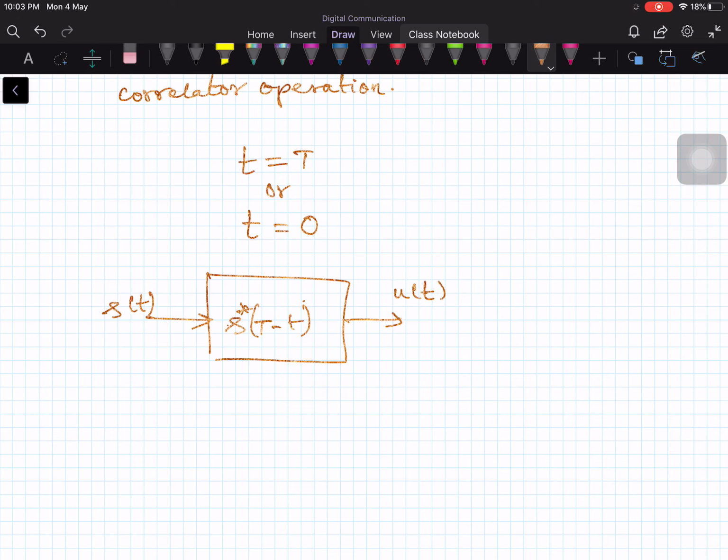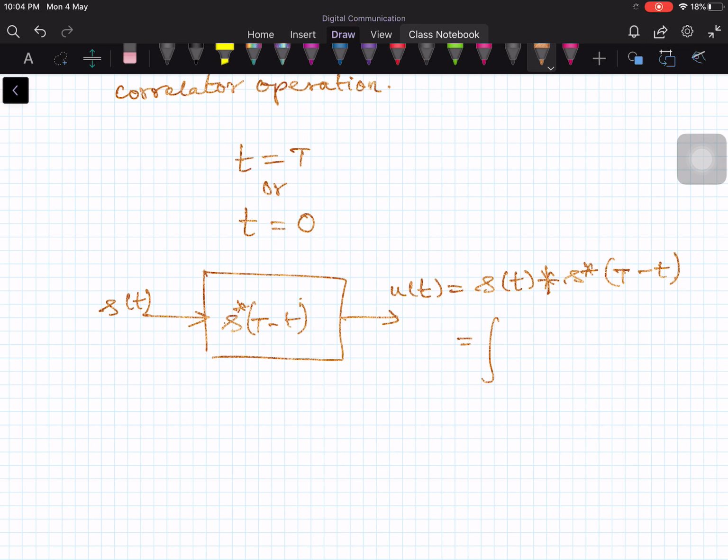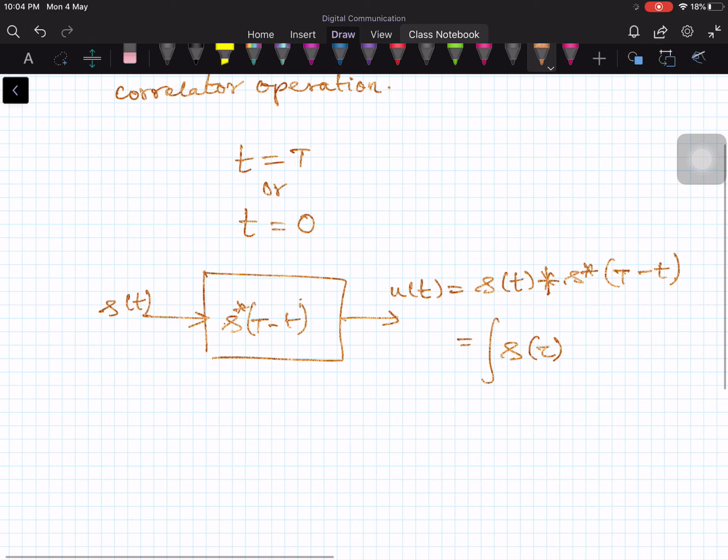What is the output of the matched filter? It is equal to s of t convolved with the complex impulse response of the matched filter, t minus capital T. If you write this convolution as a convolution integral, then it is s of tau times, let me call this g of t for the time being to make life simple, g of t minus tau d tau.